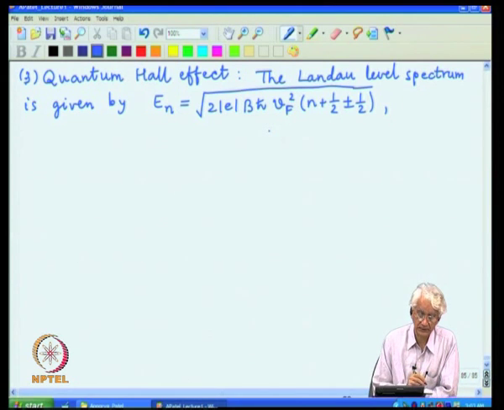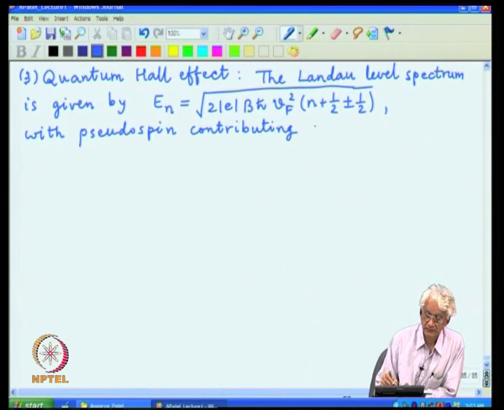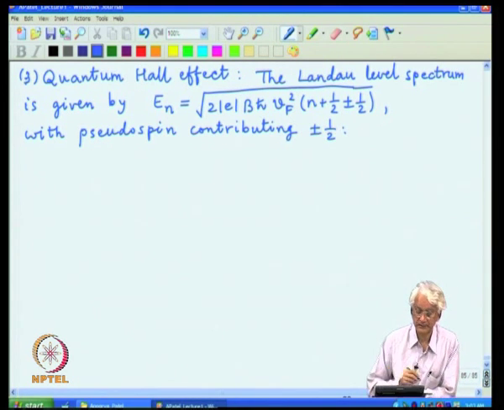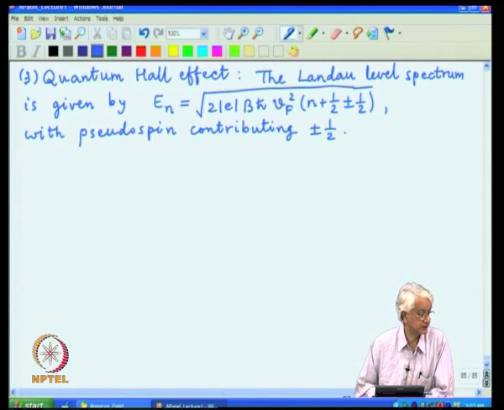This arises from solving the equation and it turns into a harmonic oscillator problem for an electron in a magnetic field, and that is where this n plus half combination is coming from. The extra plus or minus half is a contribution of the pseudo spin in this Dirac equation, and that is a novelty compared to the result in case of the Schrodinger equation.